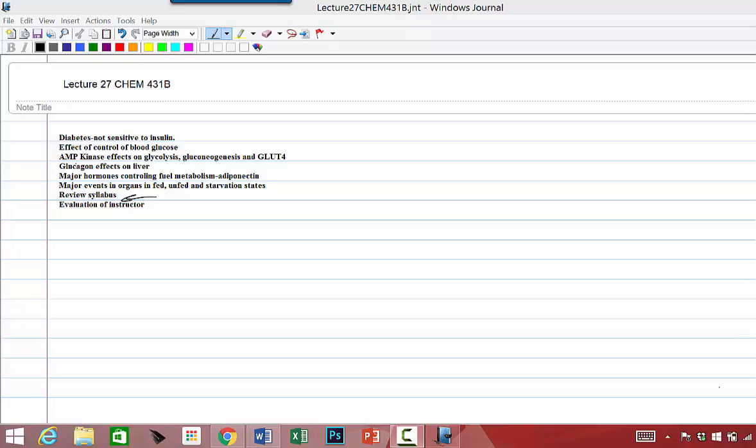I know what it says here, but you and I know, what is the carbon product of beta oxidation? The final product of beta oxidation. The carbon product of beta oxidation.